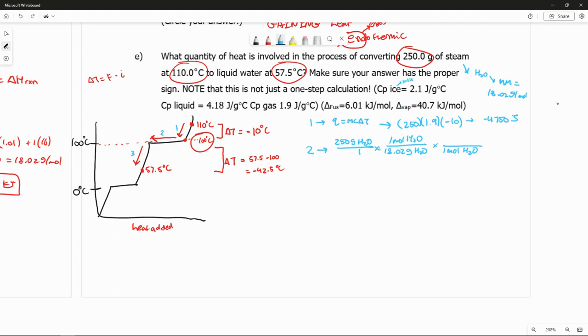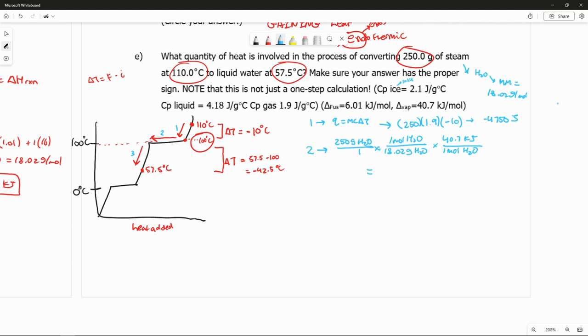If we were to have our equation down here, we would know that solid to liquid is called fusion. Therefore, we have to use delta H FUS. In this scenario, we're going on the top, no slope bar, so we know that we're using delta H VAP, vaporization, 40.7 kilojoules, and that's per 1 mole of our H2O.